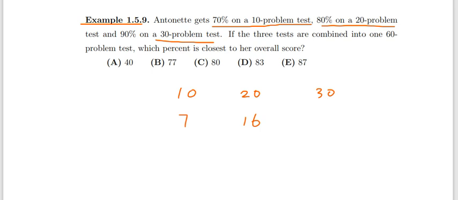So 90% of 30 is 27, right? So 90% multiplied by 30. Okay. So here totally we have 60 questions, and totally how many questions can he answer correctly? So this equals this plus this. Let's add them up, right? 7, 16, 27.